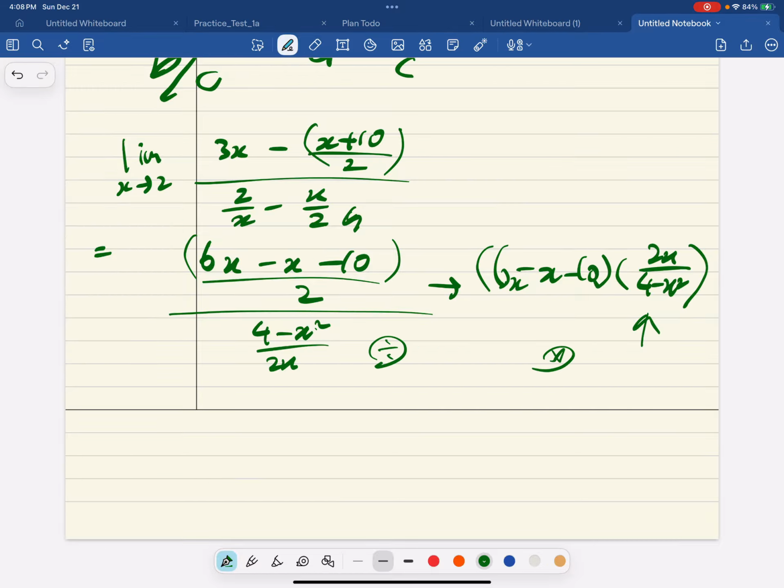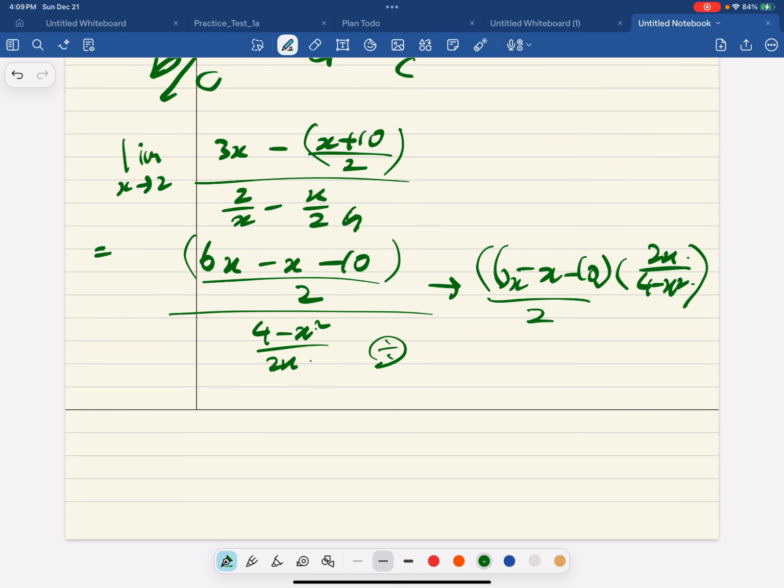So whatever was on top and bottom will switch places when it's turned into a multiplication instead of division. That is a commonality for all fractional divisions and multiplications. And by doing this, you can, oh, I forgot my divide by 2.